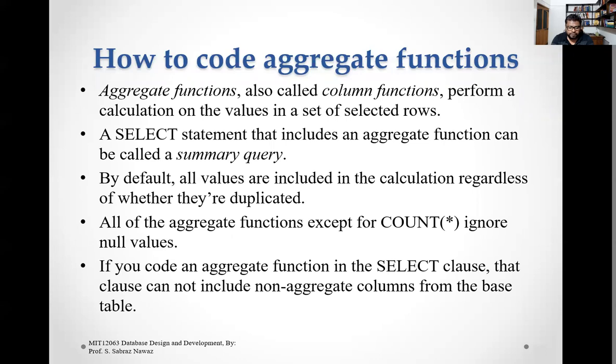If you want to find the maximum value or minimum value, average value, the total of a column, or count how many entries or rows there are, these are called aggregate functions.